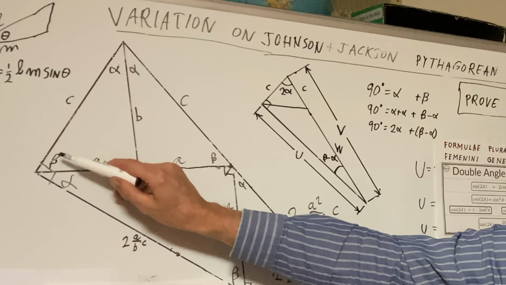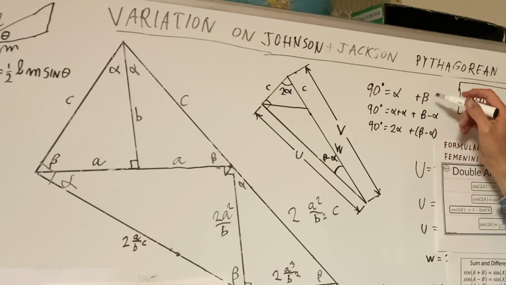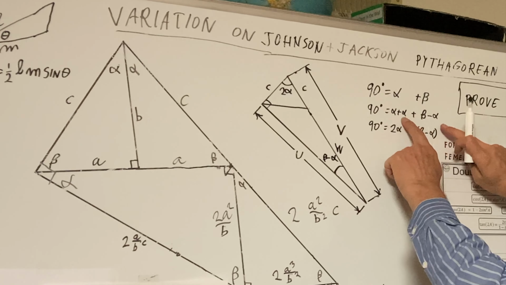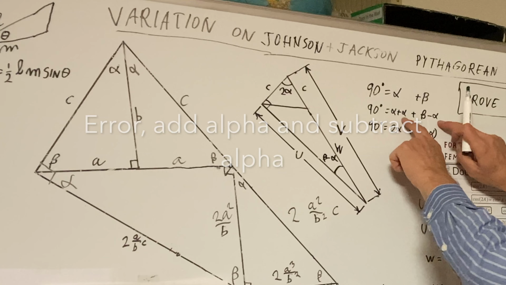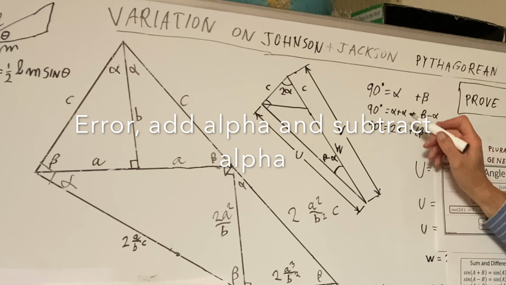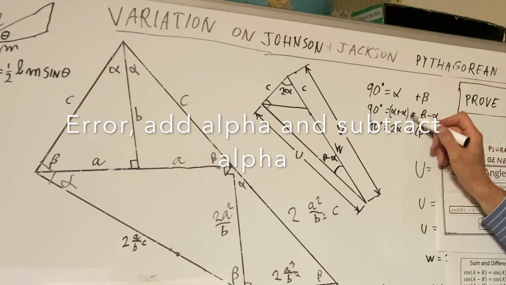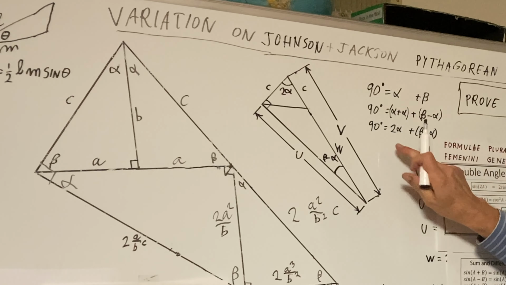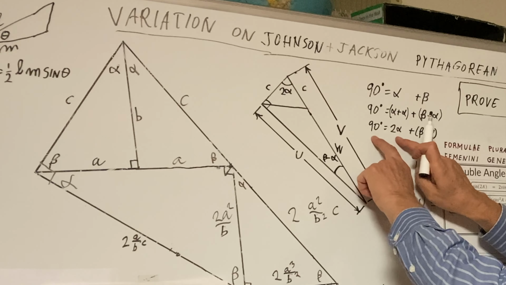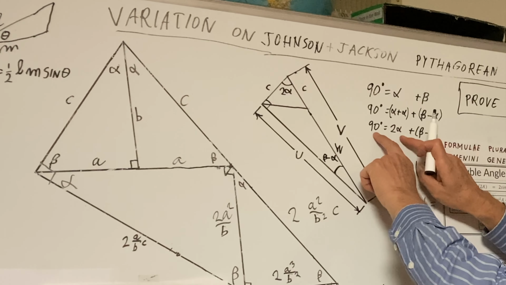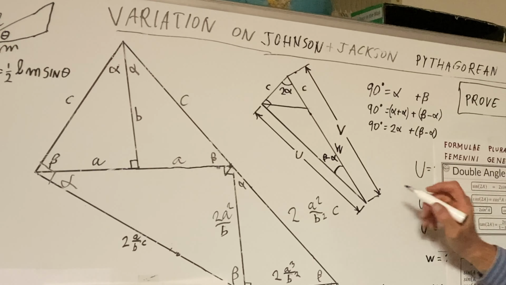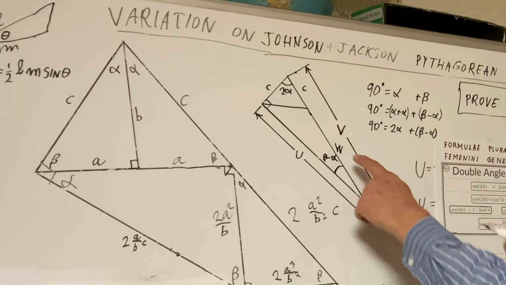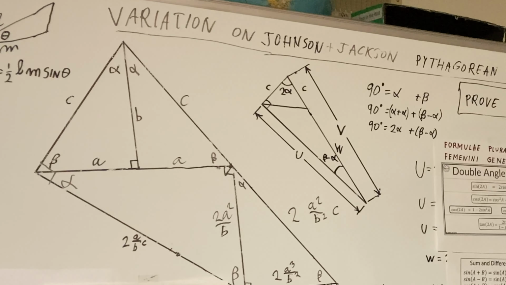Beta and alpha form 90 degrees. Now you add 90 and you subtract 90, so this equation hasn't changed. And so you have a situation like this: 90 is 2 alpha plus beta minus alpha. That's how you prove that this angle is beta minus alpha.